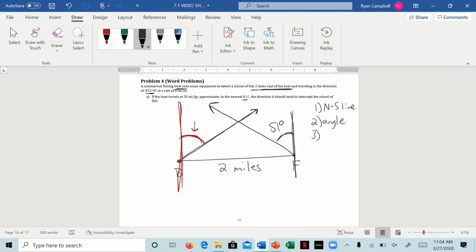So let's see. Here is 51 degrees, right? Inside this angle, we should see that that's going to be 90 minus 51 degrees, which is 39 degrees. So inside here we get 39 degrees.